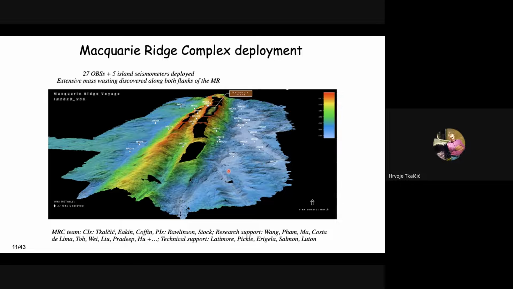From the base to the top, it's 6 kilometers, and this little island, Macquarie Ridge, is about 35 kilometers long. The first thing we discovered is really clear evidence for huge mass wasting events on both flanks. This is the view from the south to the north. And you can see here on the eastern flank evidence for large landslides that were possibly responsible for large tsunamis in the past.